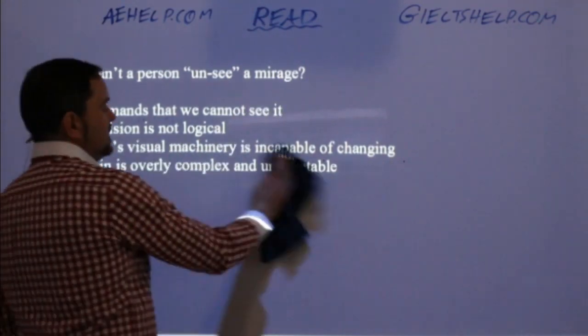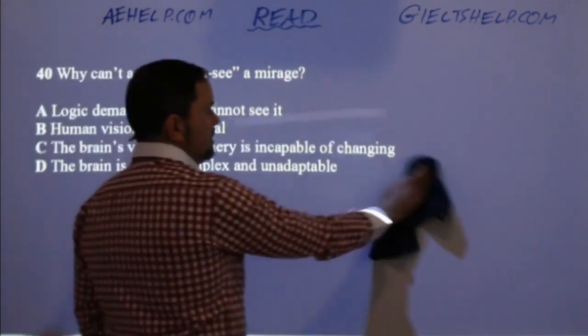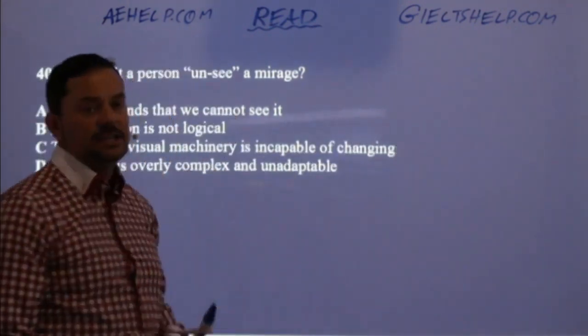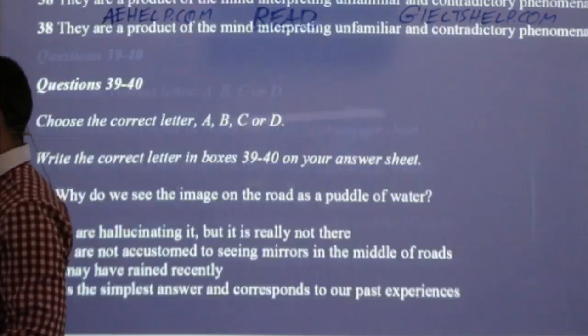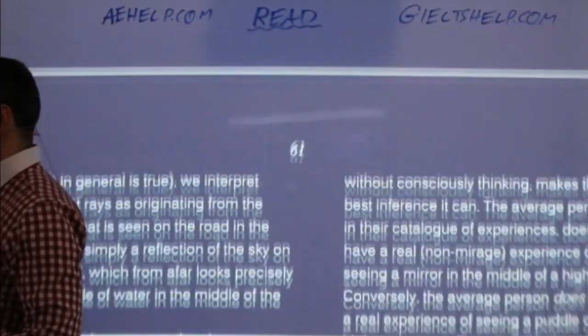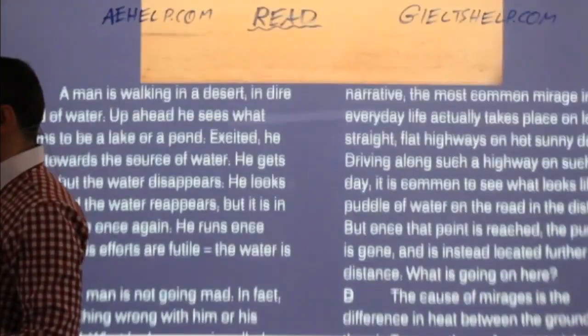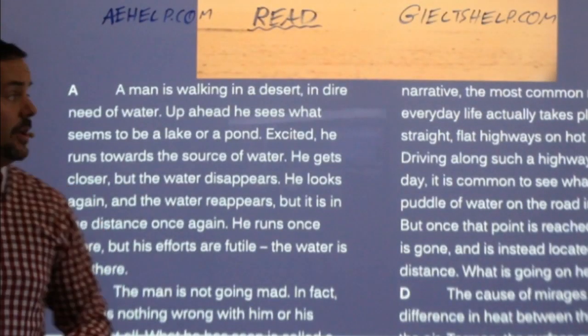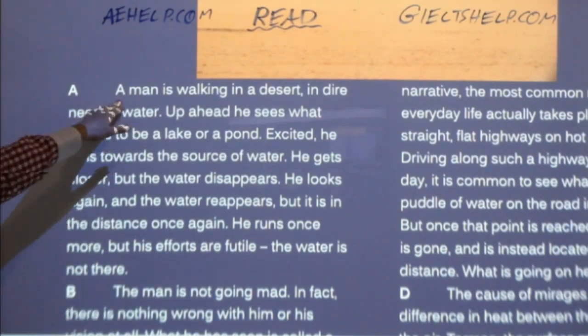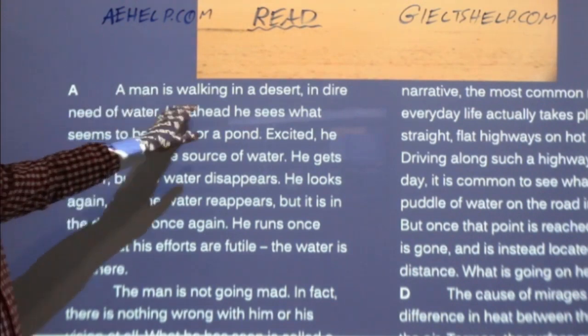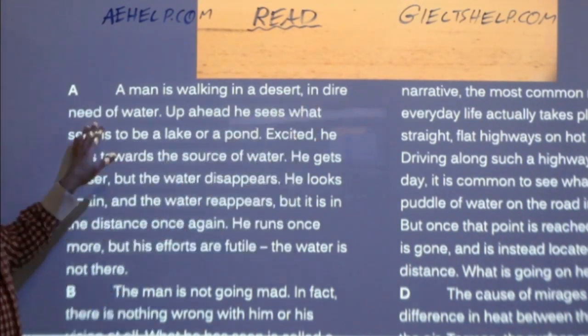Now, let's get into reading. So read the passage at a nice, comfortable pace, and let's answer those list of headings questions. All right, here we go. So, read with me, members, viewers, nice and loud. A man is walking in a desert in dire need of water.